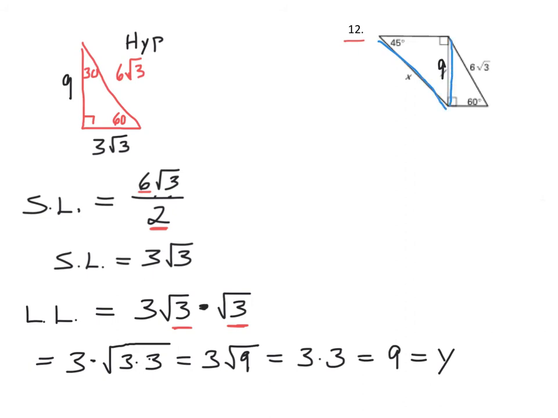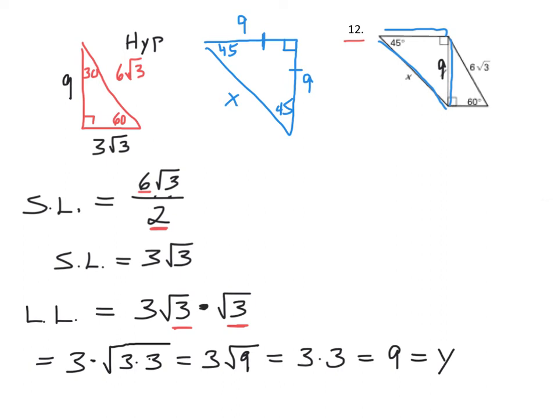So now let's focus on the next triangle. For this one, I do have a side length. I have 9 over here. My two angles are both 45. So I'm dealing with the 45, 45, 90, which tells me I do have two congruent sides here and here. So they're both 9, and I'm looking for x.